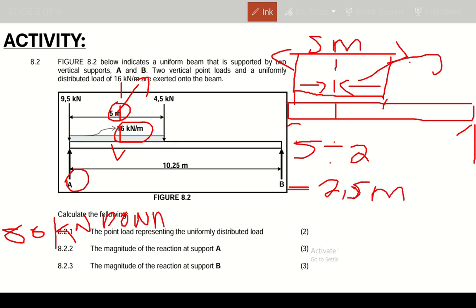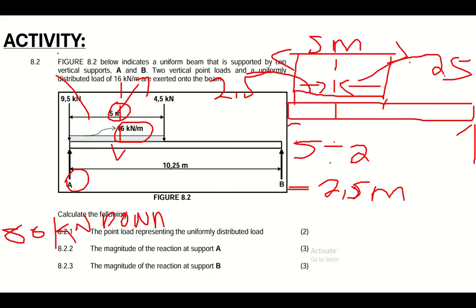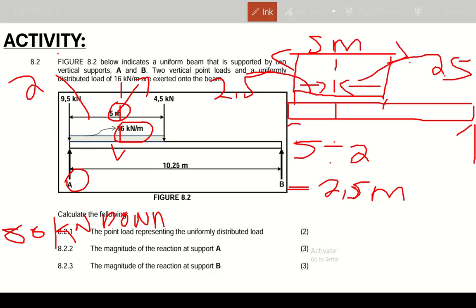So this side is 2.5, and then this side is also 2.5. You know this now. Let's write it here: 2.5, and then this one 2.5 as well. Let's erase this part.